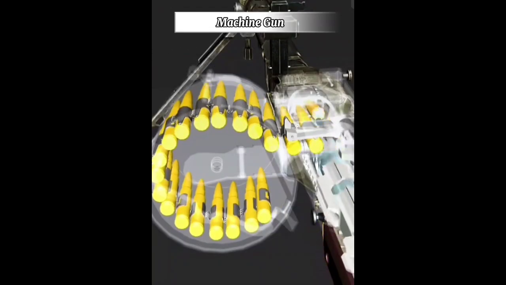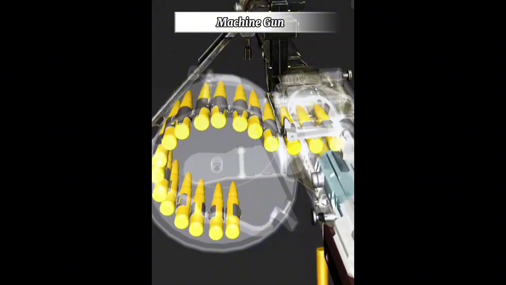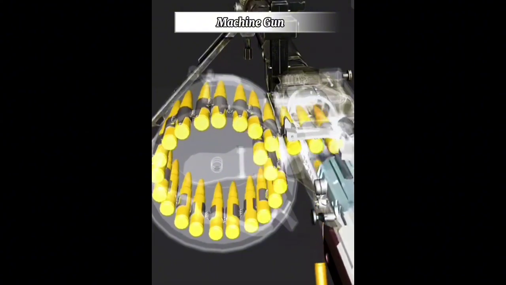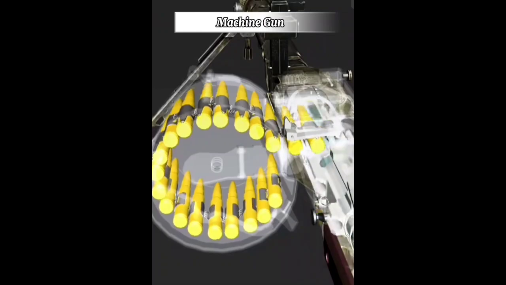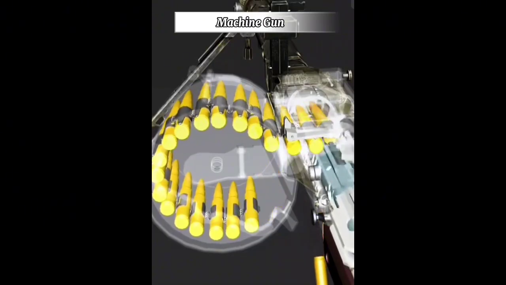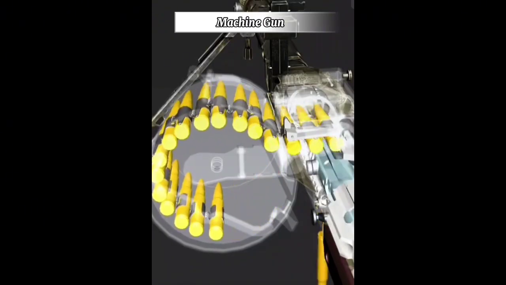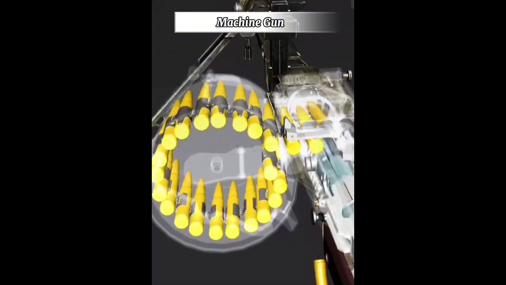Machine guns operate by harnessing the energy from a fired cartridge to automatically load, fire, and eject rounds, achieving continuous fire. This is typically done through gas or recoil operation.